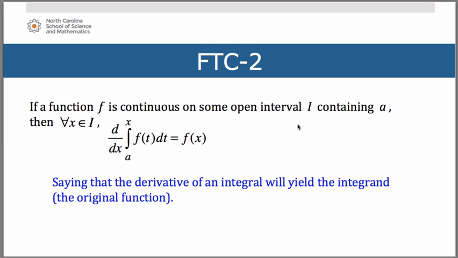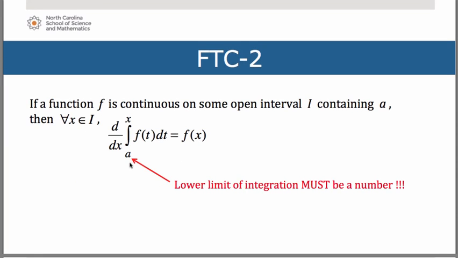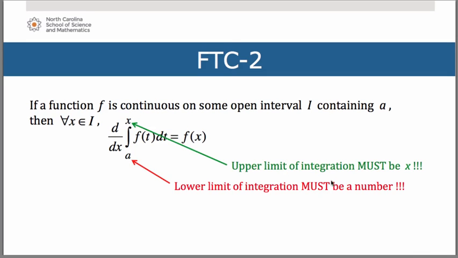Now a couple things to notice about this. Notice the lower limit of integration must be a number. The upper limit of integration must be x, and that's plain x, not some variation of it. We will come into problems in which you have functions of x, so maybe up here you'd have an x squared or a 3x or a negative 5x, and we'll learn how to deal with that.